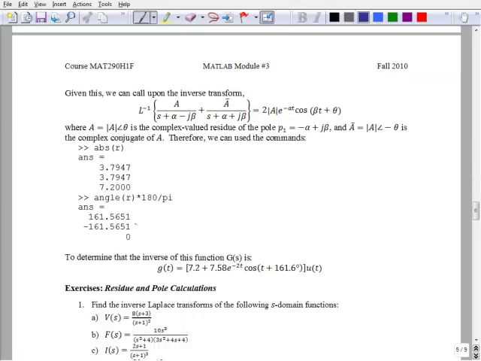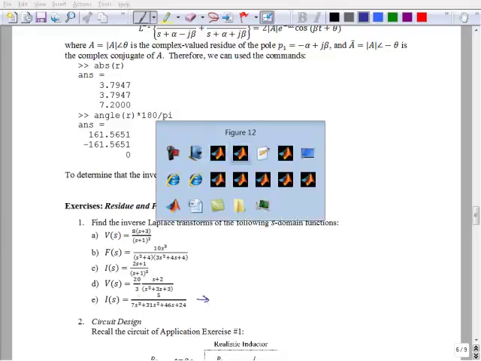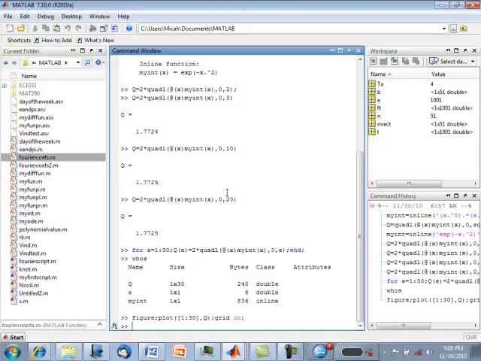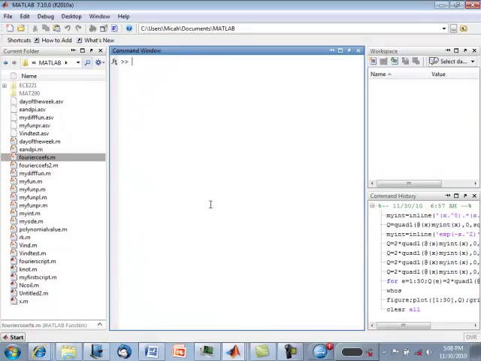So if we consider how to find the inverse transform of, say, this example, we can use this function residue. Residue returns both the residues and the poles of this S-domain function. And we pass to the residue function the numerator polynomial, which in this case is 5, and the denominator polynomial, where we have 7s cubed, 31s squared, 46s, and 24.